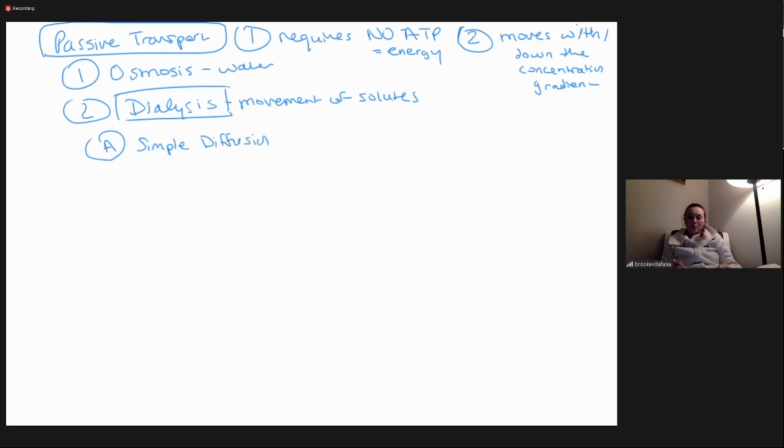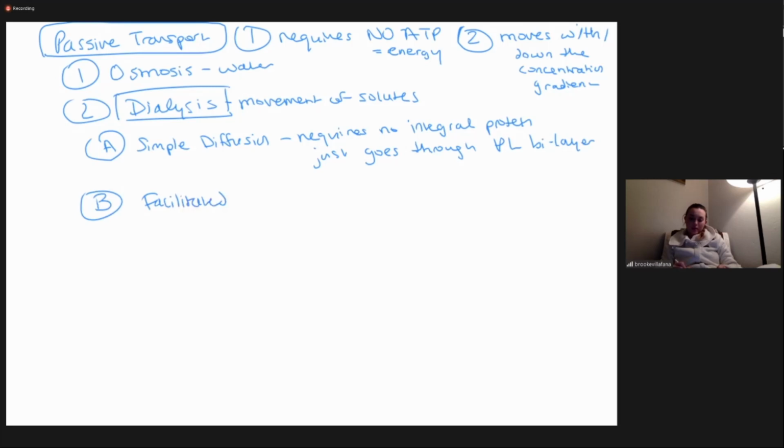And we said this requires no integral protein. It's just diffusing across the plasma membrane; it just goes through, I'm going to write PL, just goes through the PL bilayer. But facilitated diffusion, which is our next example of dialysis, requires the integral protein.